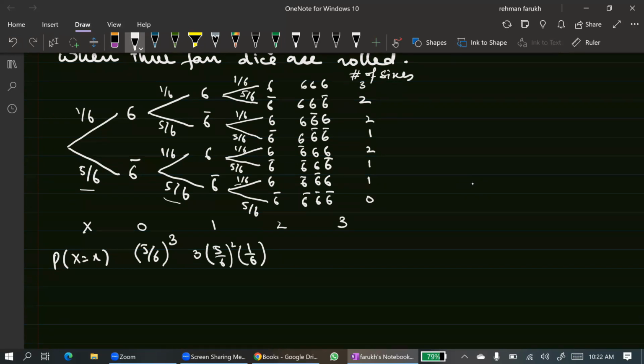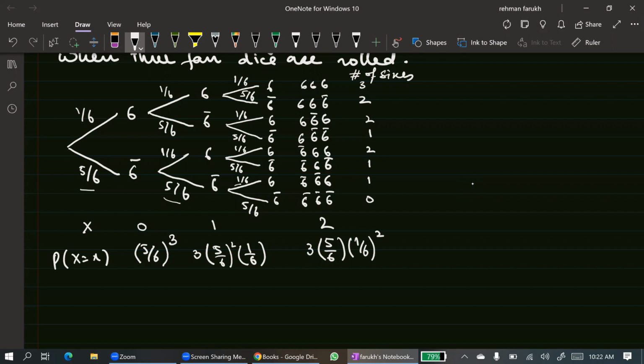The probability of 2 is: there are 2 sixes and 1 not 6, that is 5 by 6 into 1 by 6 power 2. And there are 3 outcomes.